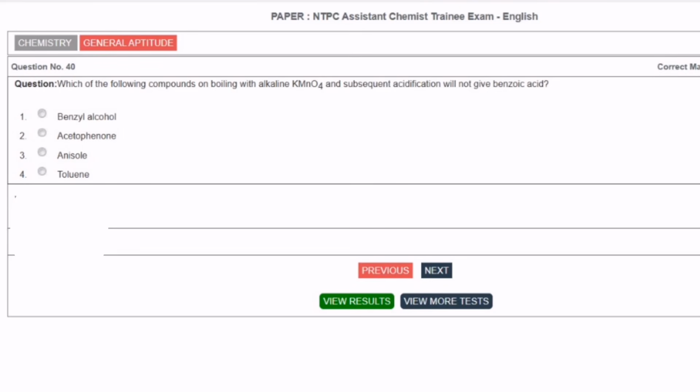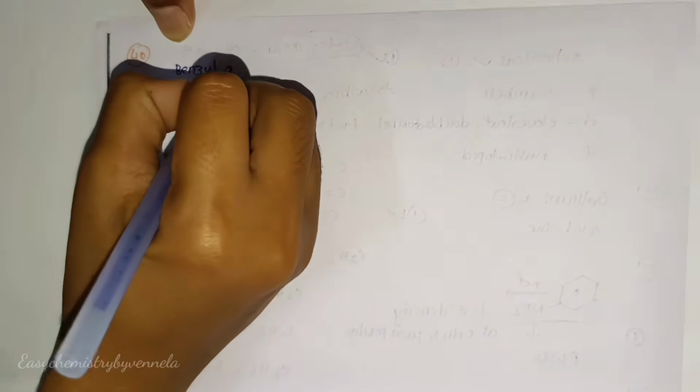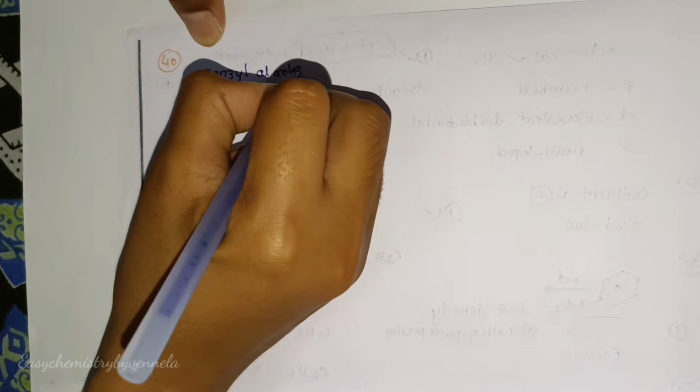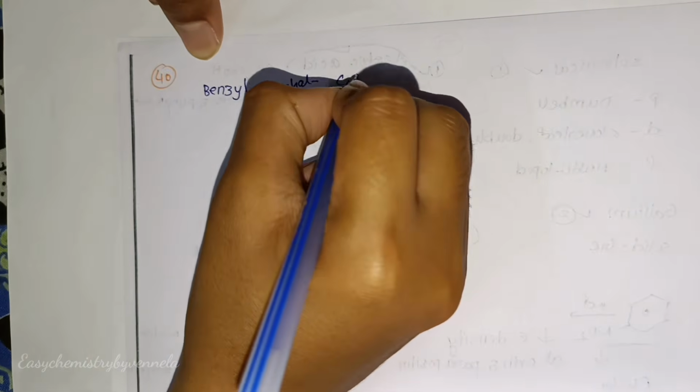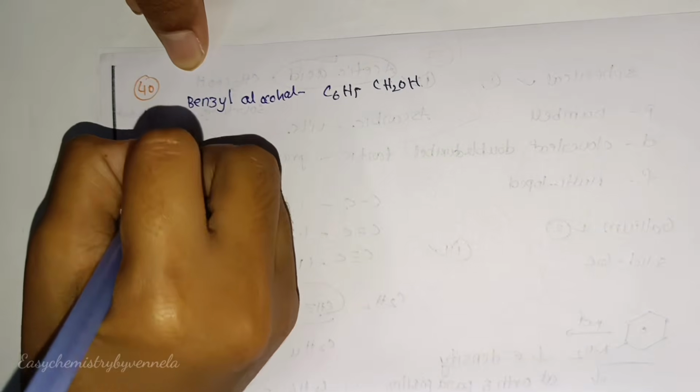Next question. Which of the following compounds on boiling with alkaline KMnO4 and subsequent acidification will not give benzoic acid? In these given options, which does not give benzoic acid? Benzyl alcohol, that is C6H5CH2OH.